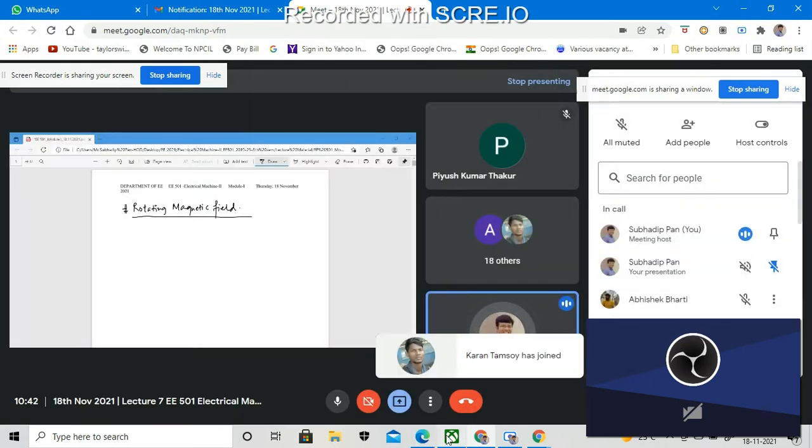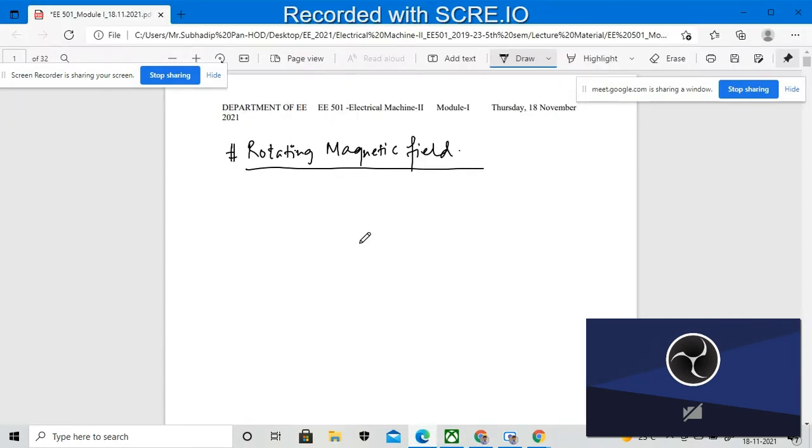First I have to draw the diagram for understanding the concept of a rotating magnetic field. We apply a set of currents to the stator at a specific instant of time, and assume the currents in the three coils follow certain equations.